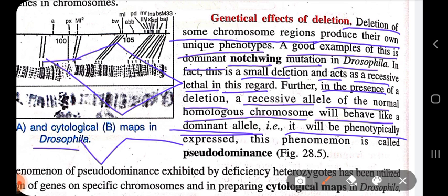It will be phenotypically expressed. This phenomenon is called pseudodominance. So pseudodominance simply means that in the presence of deletion, the recessive allele of the normal homologous chromosome will behave like a dominant allele and be phenotypically expressed.